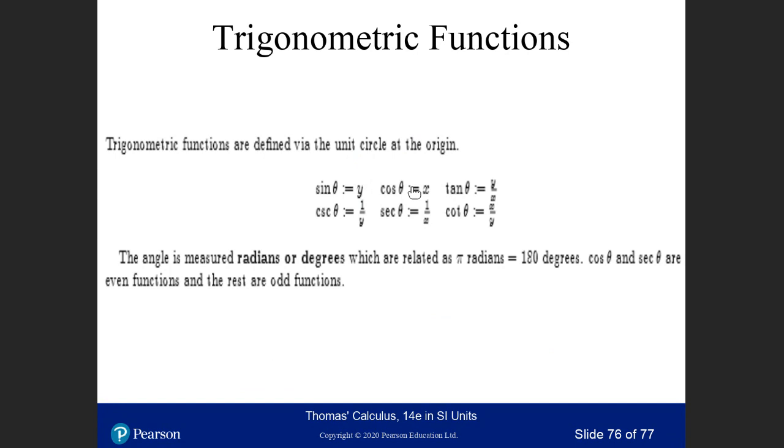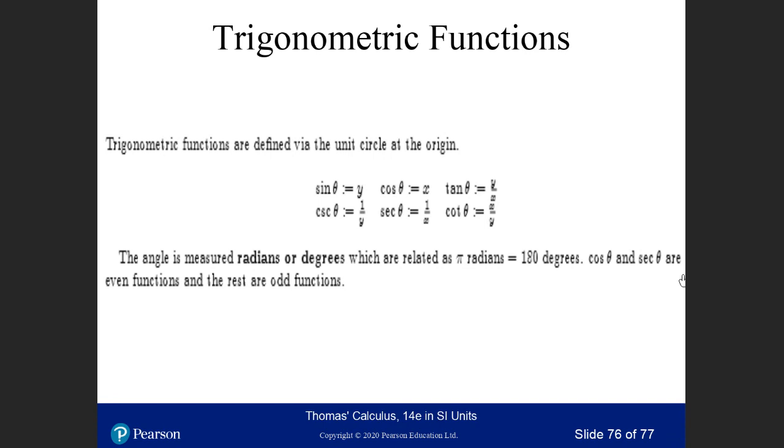Now from these two functions you can obtain the others. Y over x is tangent theta. X over y is cotangent theta, just 1 over the tangent theta. Secant theta is 1 over x, cosecant theta is 1 over y. So we have 6 trigonometric functions obtained from the sine function and cosine function.